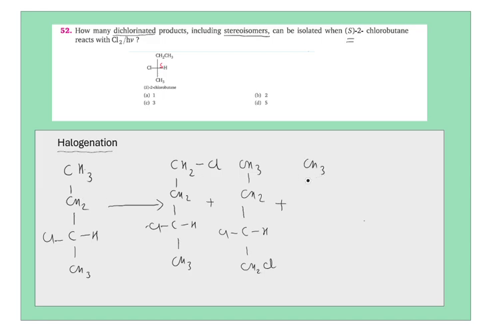When you remove from this particular carbon, you can write the product like this, by replacing hydrogen with chlorine on the third carbon. You are generating a chiral carbon here because it is attached to four different groups. That means the hydrogen can be on the right side or on the left side. Therefore, you can write hydrogen here and chlorine here.